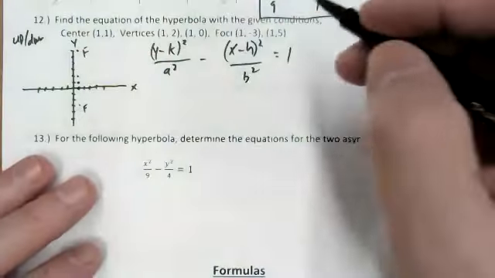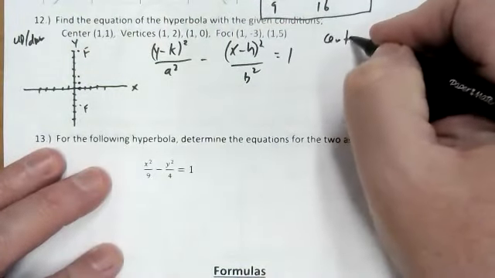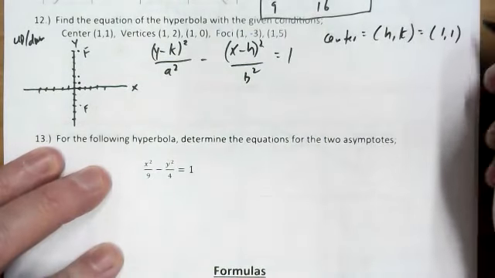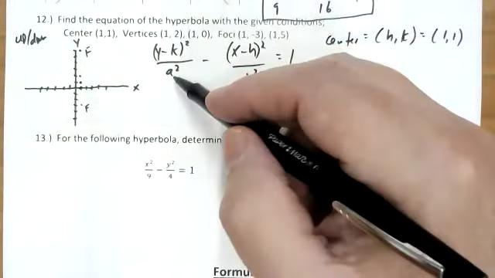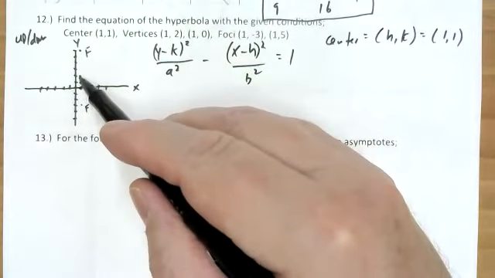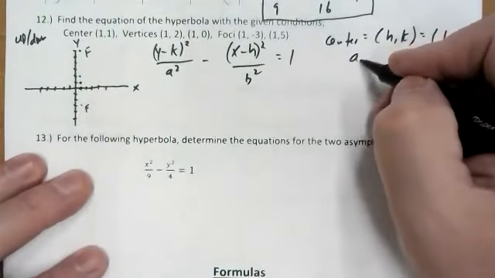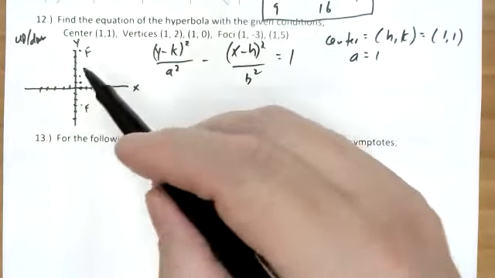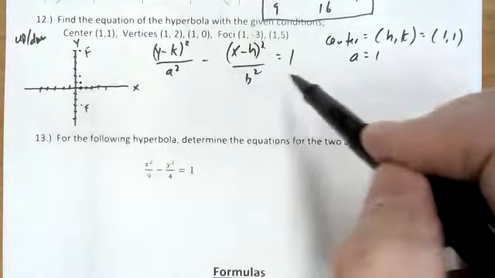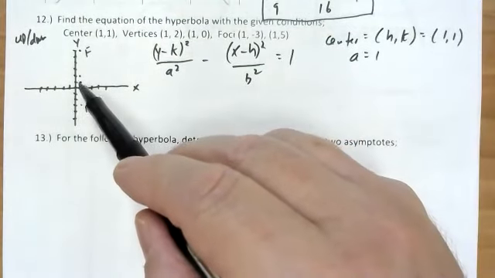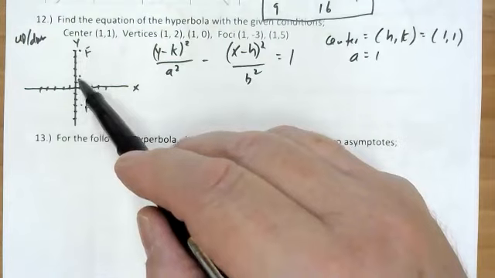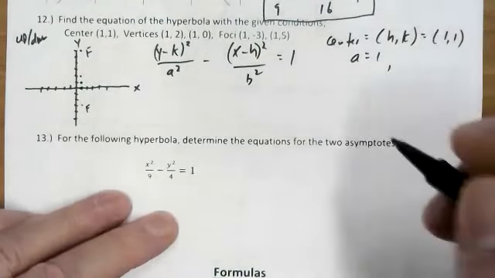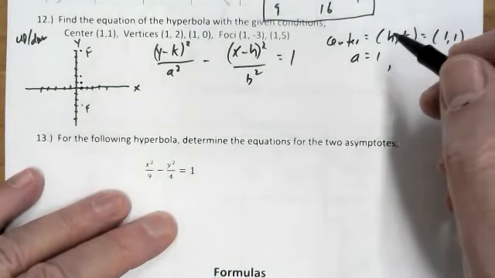Well, they gave me the center. So I know h and k. A is the distance from the center to the vertices, which I know is 1. Now, I don't know B, but just like the last problem, I know the distance C from the center to the foci. Looks like C is going to be 4.